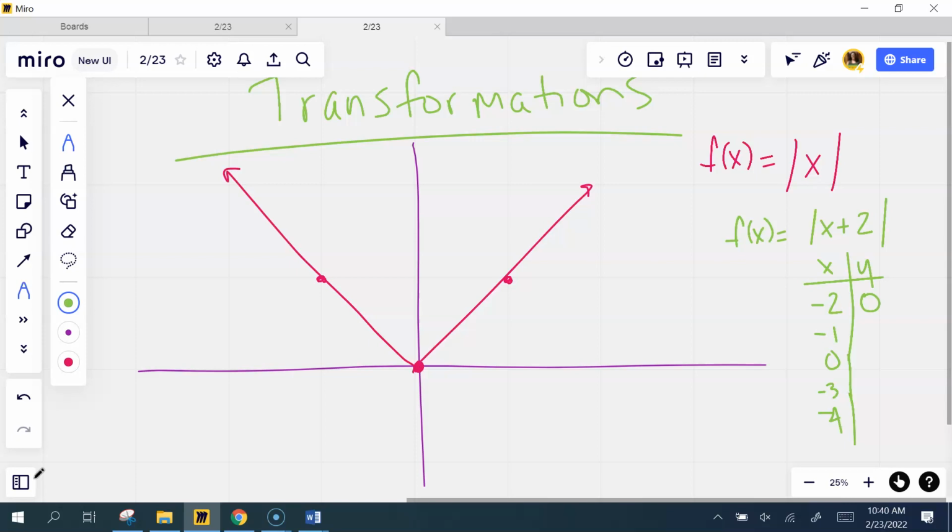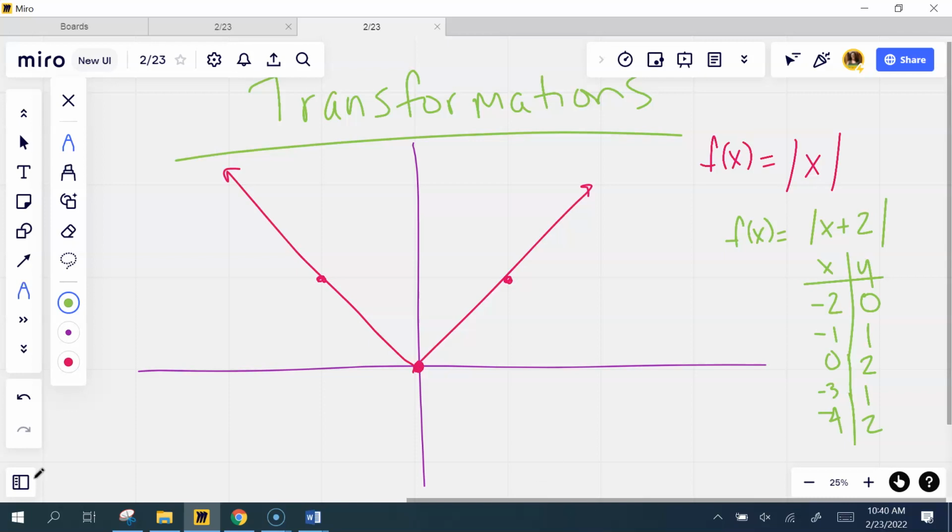When you plug in -1, what do you get? 1. How about 0? 2. How about -3? 1. It's -1, then we make it positive because of the absolute value. How about -4? 2. Okay, so let's graph this, because what we're going to do is compare the parent to this green one and see if we can make a connection here on what's going on.